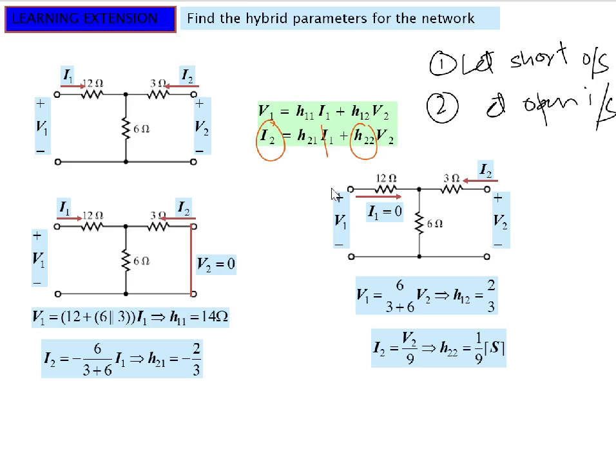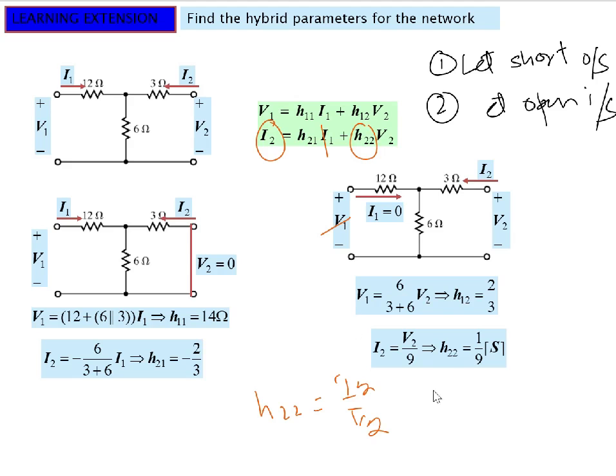Again this is 0, which means this is open circuited. So we can say that H22 is actually I2 by V2. If we calculate the resistance of the output side and just invert it, we can easily find H22.